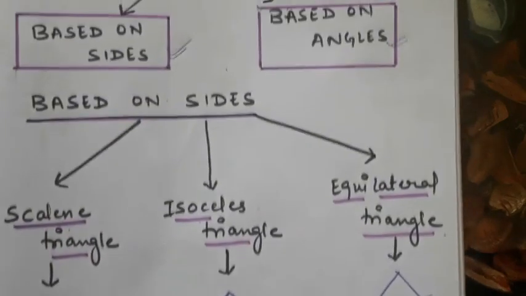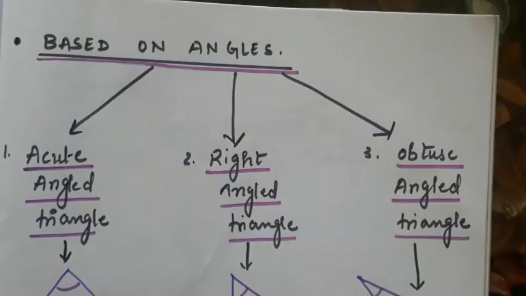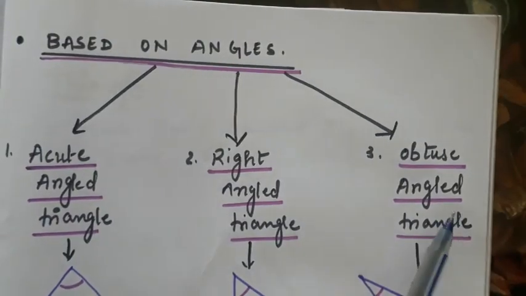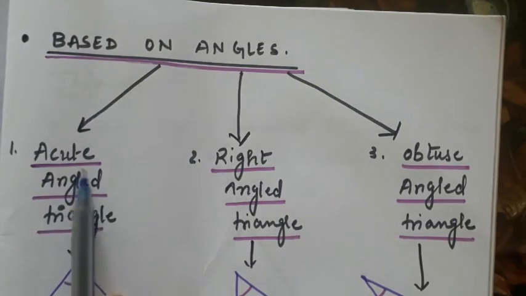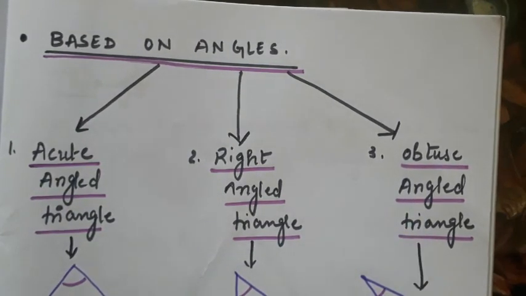Let's move to the types of triangles based on angles. Based on angles, we have three types: acute angled triangle, right angled triangle and obtuse angled triangle.